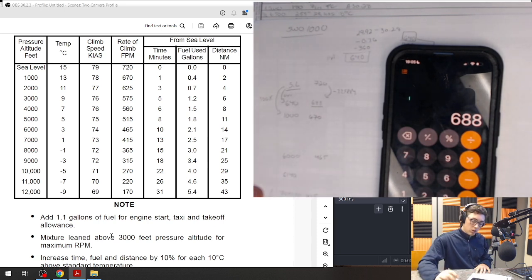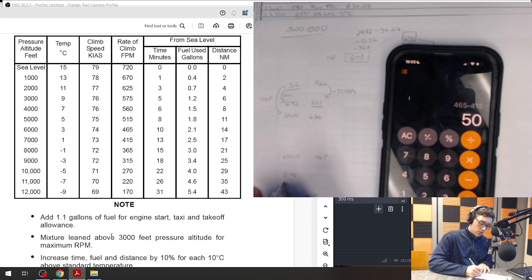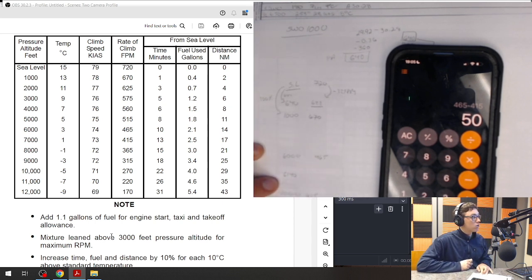Let's move down over here. Again, what is the difference between 465 and 415? The difference is 50 feet per minute. Now, let's find out what percentage we'll actually be climbing to. I know that I want to cruise at 6,500 feet. However, we're actually climbing to 6,140.